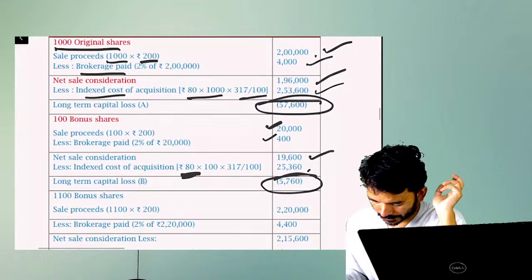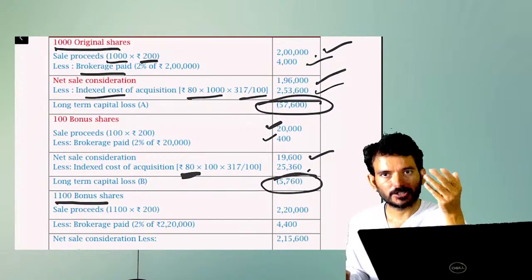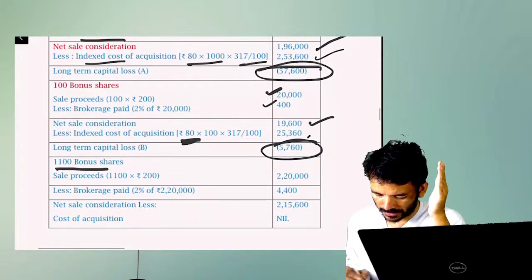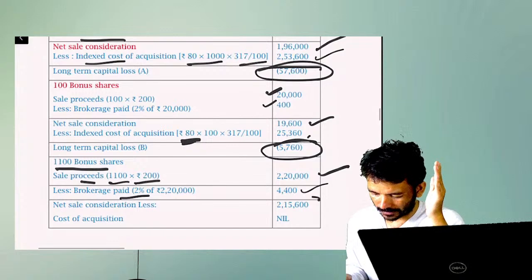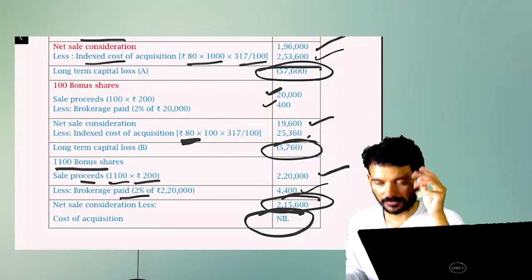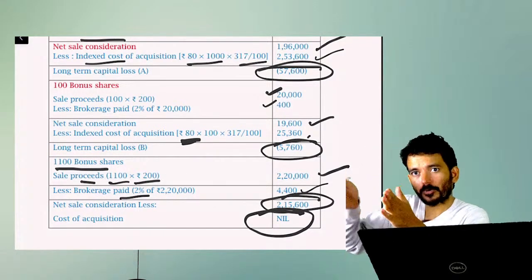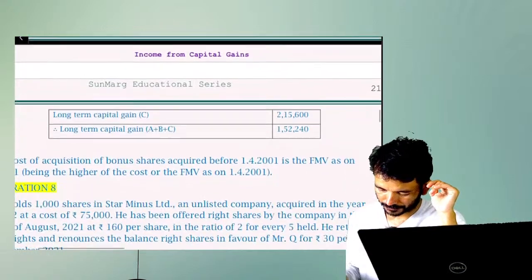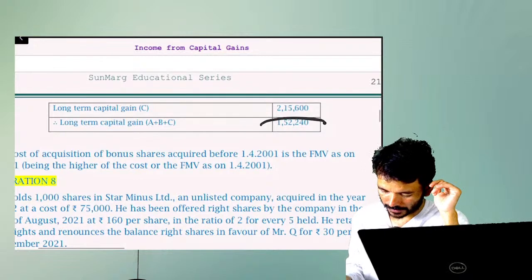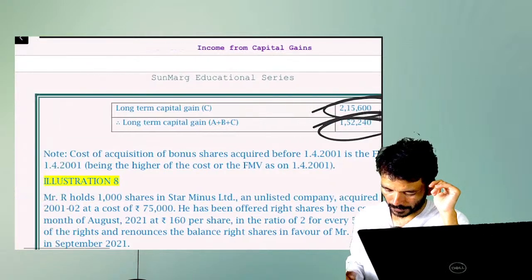Yeah, 24 months. And 1100 bonus shares, that is the second time bonus shares, sales proceeds 1100 multiplied by 200 and brokerage 2%, net consideration, and cost of acquisition will be nil because they were acquired post 1st April 2001. So this will be nil. So long term capital gain will be this much.